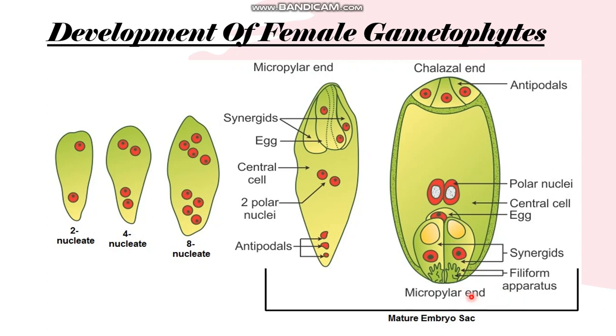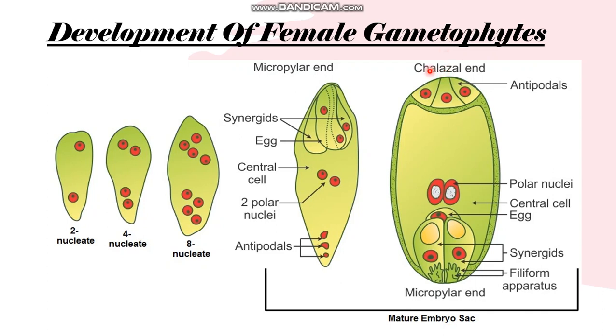When the pollen tube enters one of the synergids, the filiform apparatus guides the pollen tube towards the egg cell. This whole structure at the micropylar end is known as the egg apparatus. So an egg apparatus consists of 2 synergids and, in the center, the female gamete, that is the egg cell.